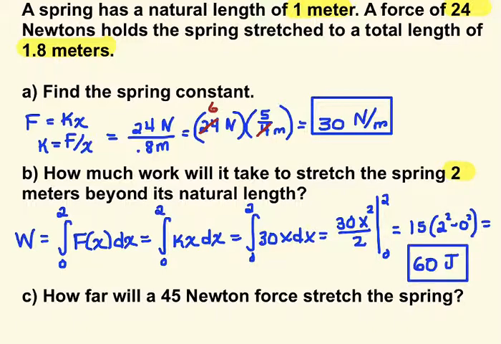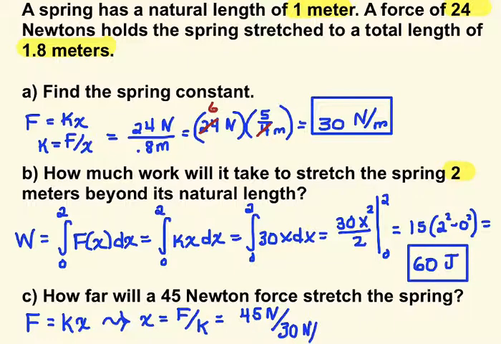And finally, how far will a 45 newton force stretch the spring? This brings us back to Hooke's law, because we know that the force is equal to k times x. We want to know how far, so solving for x, we divide both sides by k, and x is equal to the force divided by the spring constant. The force is 45 newtons, and the spring constant, which we've already determined, is 30 newtons per meter.